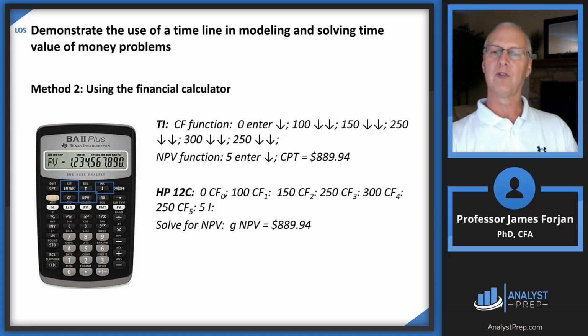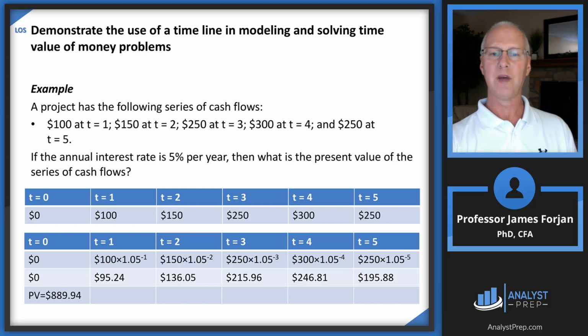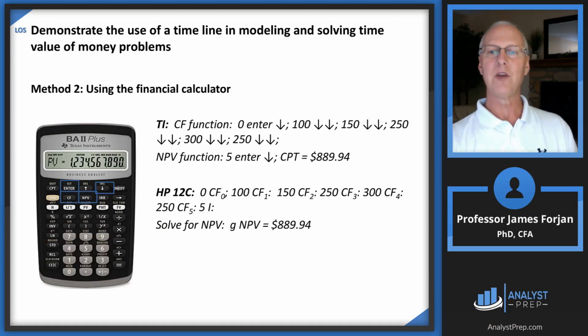Now remember, those of you who have the BA2 Plus, once you get into that cash flow, you have the ability to scroll back and forth from time period 0 to 1 and 2 and back to 1 and 2 and 3 and 4 and back to 0. And the way you do that is with the arrow buttons. So get used to those arrow buttons. So you're going to go down, and you're going to enter all of your cash flows.